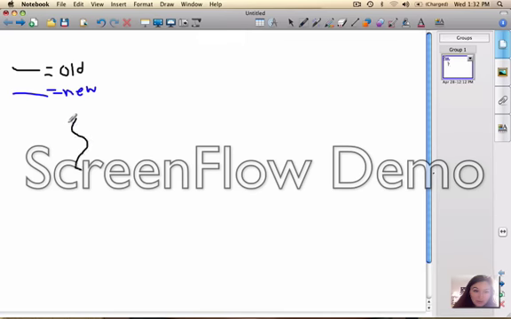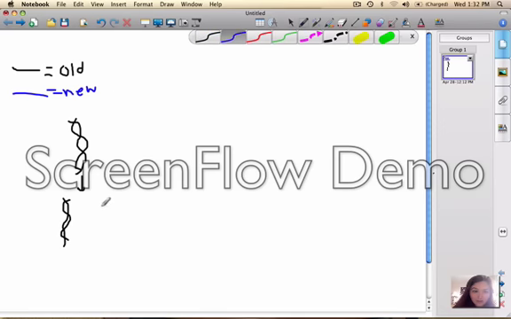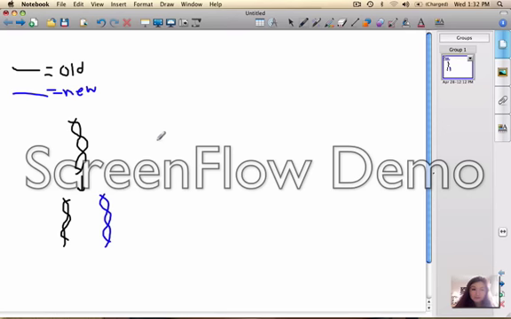So if this is your DNA parent strand, then conservative replication has the daughter strands being one, the intact old, and the other being two strands of newly replicated DNA. This is conservative replication, our first possible method of DNA replication.